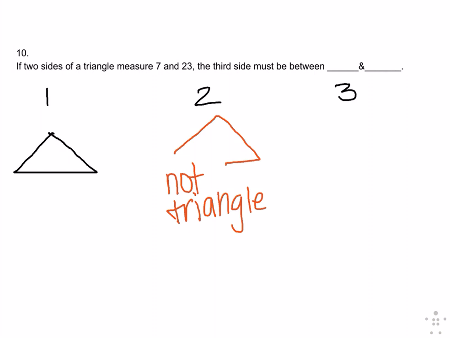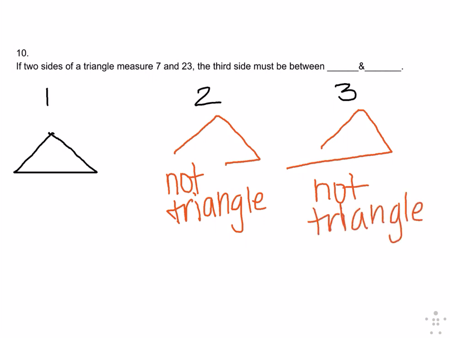And then the third thing that could happen is that you have these 2 long, beautiful sides, and then you have this third side that is way too long. That's not a triangle. So your goal is to create a triangle.